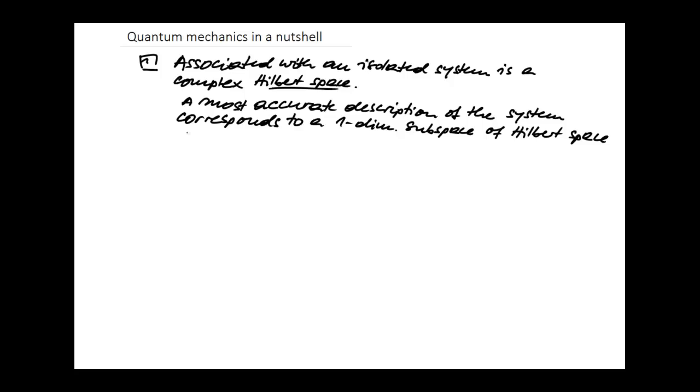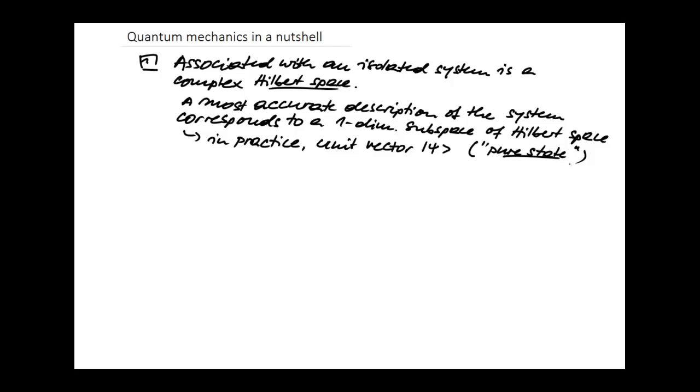And now in practice, you take a unit vector psi, which spans this one-dimensional subspace, and you say this is the state of the system. So this is what is called a pure state. This, I would say, is part number 1 of quantum mechanics. Pure states are vectors in Hilbert space.